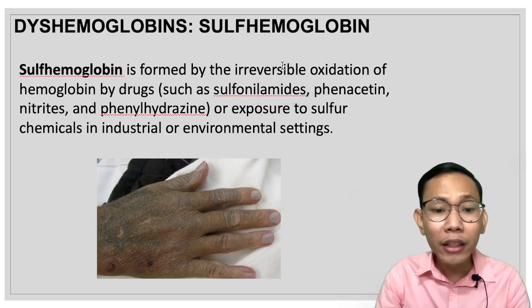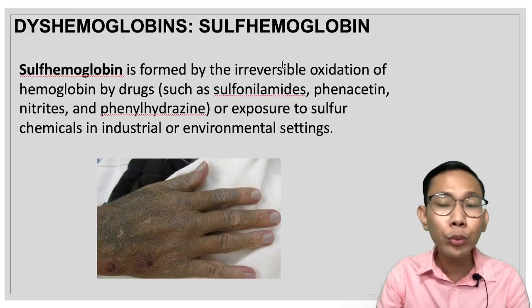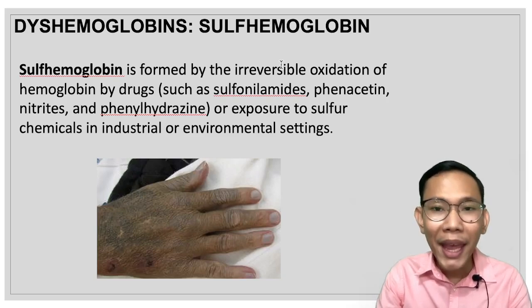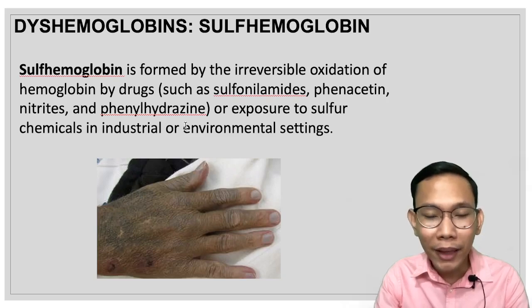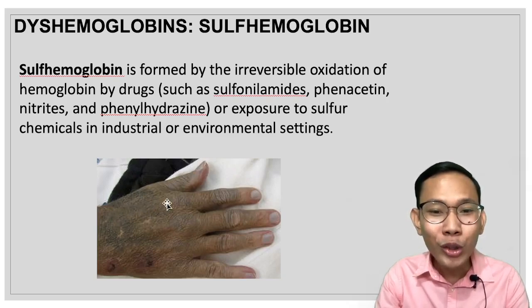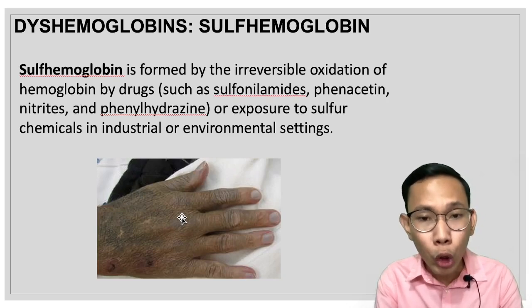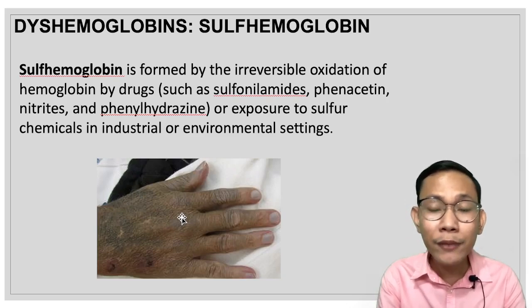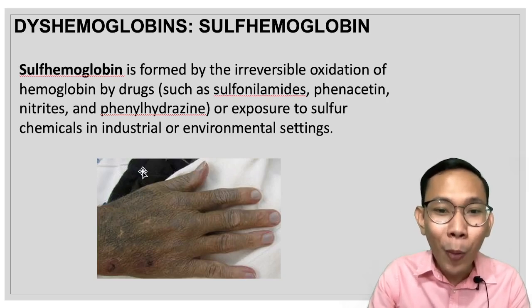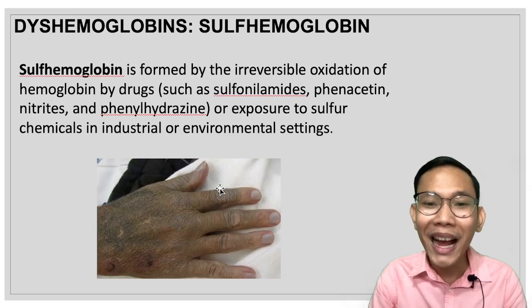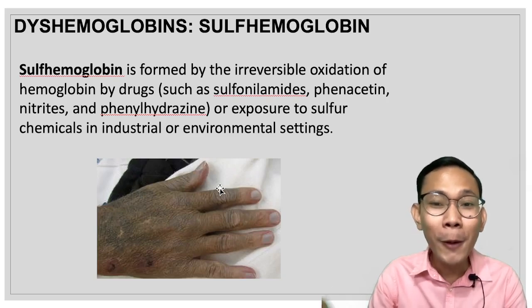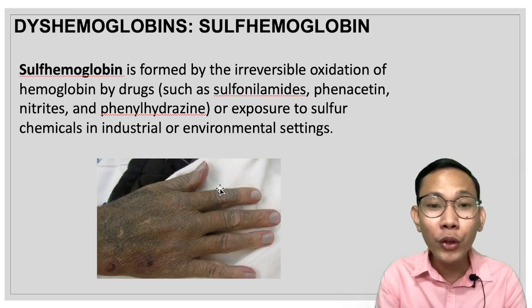It is formed by the addition of a sulfur atom to the pyrrole ring of heme and has a greenish pigment. That is why we have a bluish to greenish pigment in the skin, a cutaneous manifestation. Sulfhemoglobin cannot be converted back to normal hemoglobin A, so it persists for the life of the cell.